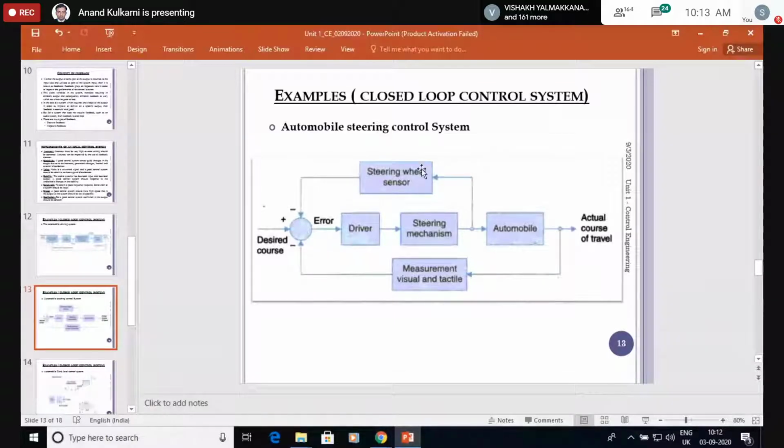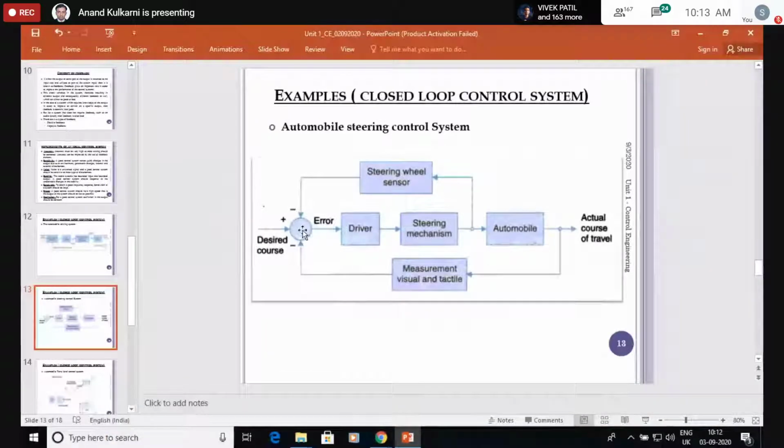So there are two feedbacks here: the steering wheel position sensor, and another one is visual feedback from your eyes through the brain coming back. And this error detector takes the difference, whether the required thing is achieved or not, and it continues.